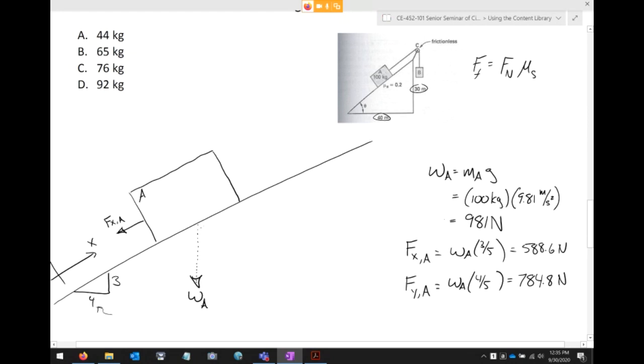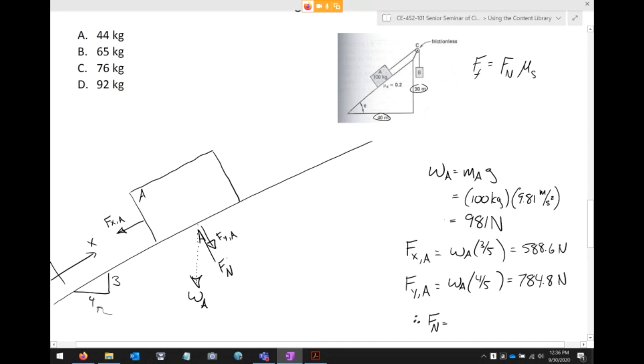Okay, so this box has a horizontal component wanting to push it down the hill, and it has a vertical component acting into the ramp. Now the ramp responds by developing a normal force equal and opposite of that.